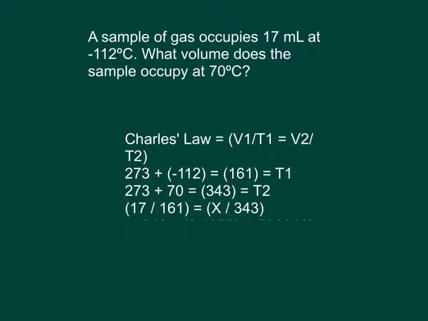So this will get us x, and so x equals 343 times 0.1056. So for that, we get 36.2208. And that is our final answer. So that is the missing volume, so that's milliliters. And that will be your final answer for this problem.